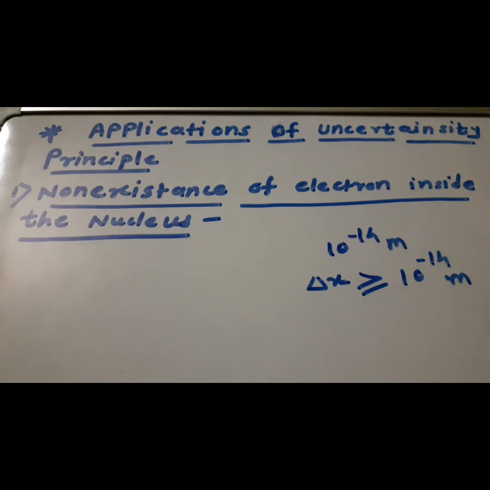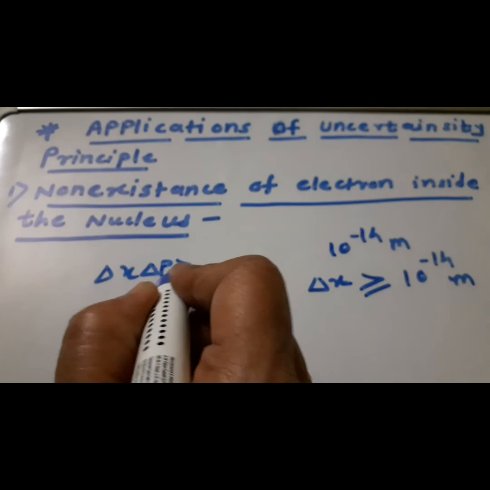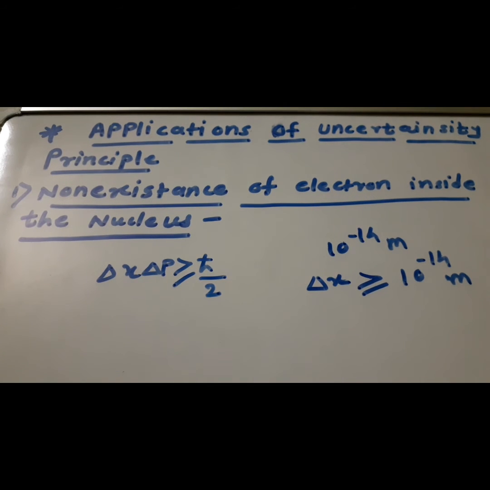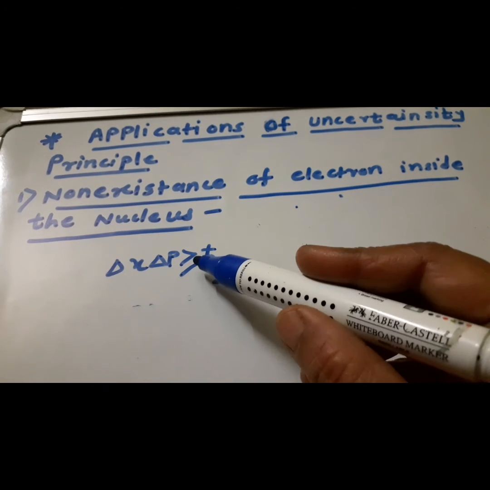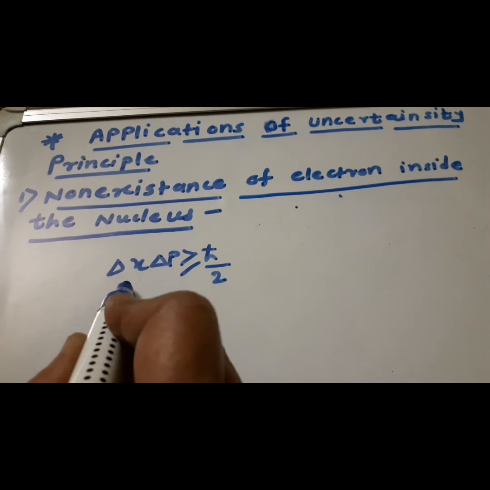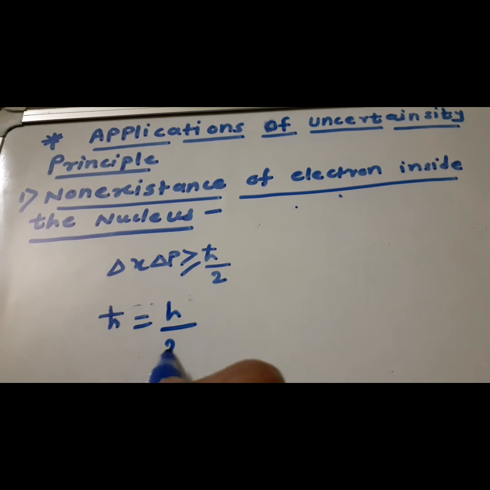According to Heisenberg's uncertainty principle, delta x delta p is greater than or equal to h cross upon 2. We know that h cross is equal to h upon 2 pi. Here h cross is the reduced Planck's constant and h is Planck's constant.